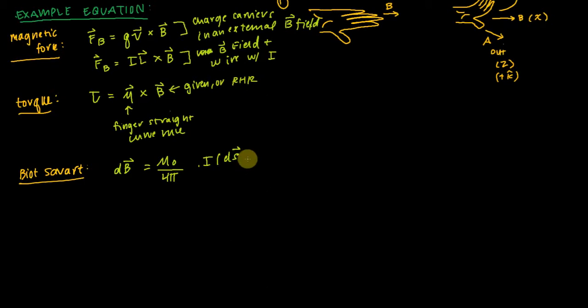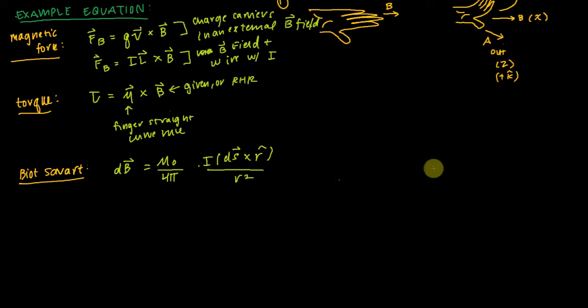I knew you were waiting for it: ds cross r hat over r squared. But we actually never end up using the normal right-hand rule for this. We always use a different version of the right-hand rule for this, what I like to call the thumb straight curve rule.